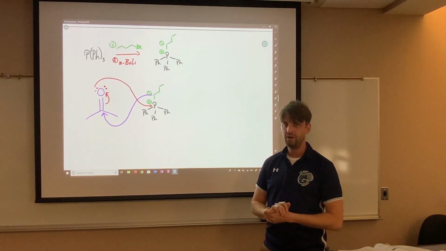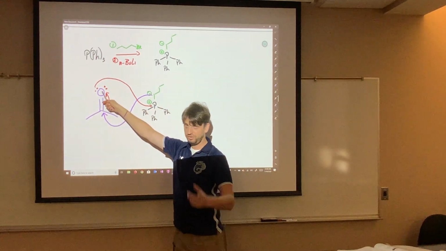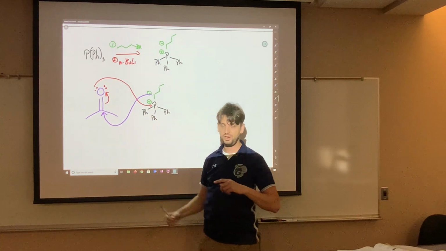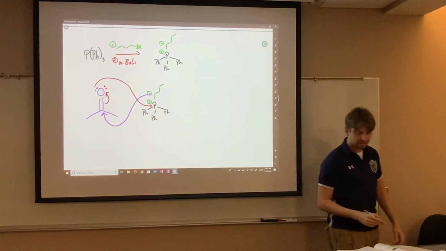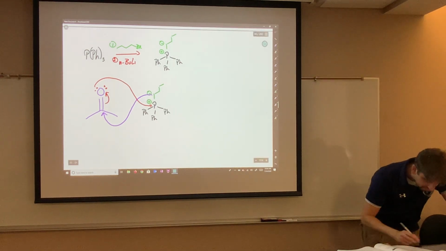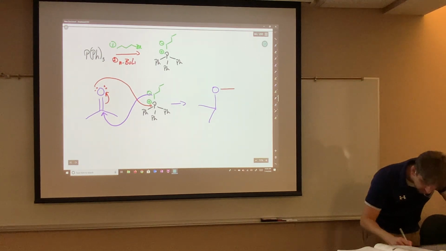But this happens all at once. Negative attacks the carbonyl, the negative of the oxygen then attacks the positive here. So two negatives attack two positives. Now this is kind of unusual because it's going to generate an odd looking intermediate. So give me just a second here to draw this. I'm trying to follow all the coloring. So red to phosphorus.